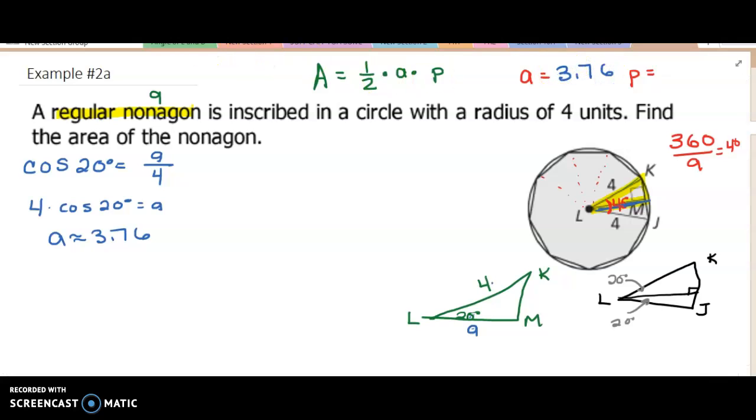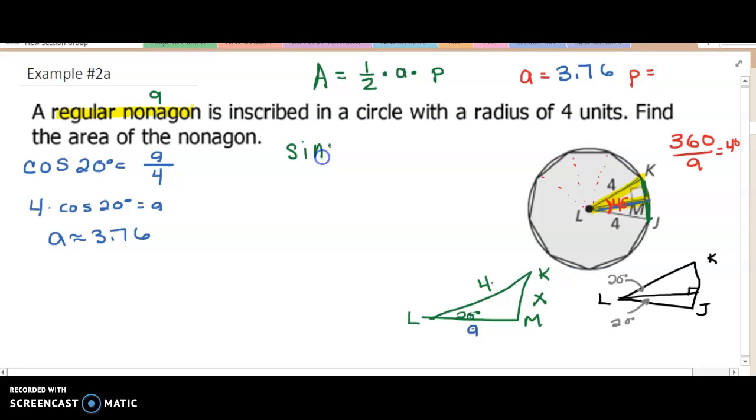All right, now I want to find my KM, because if I can find this part, it'll be the same as this part here, and then I can find all the way around because I know it's a regular polygon, which means all those sides are equal. All right, so that's opposite. So I'm going to use sine for this.